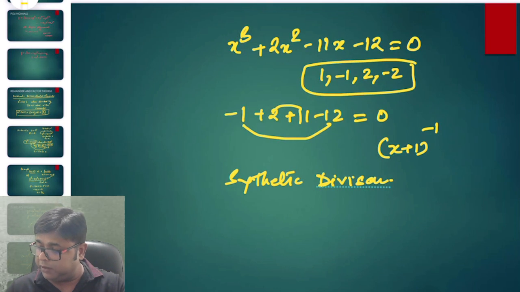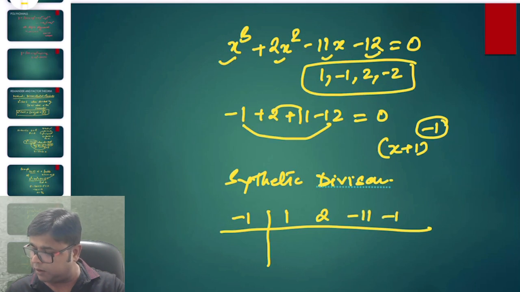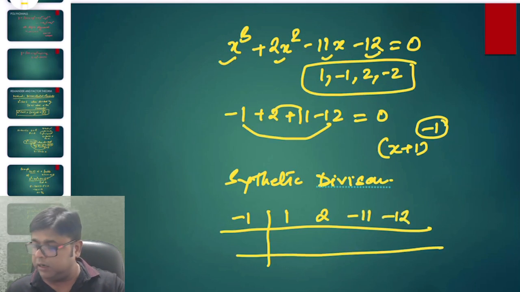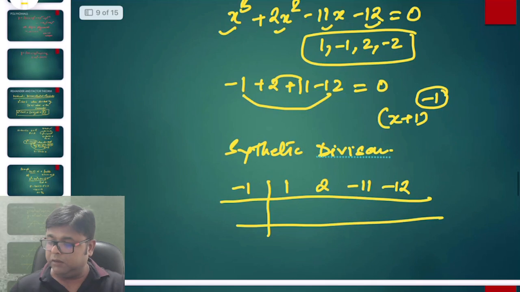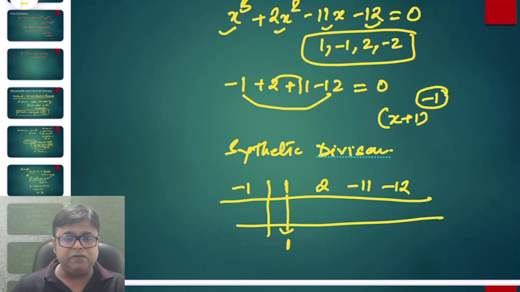The root that we have calculated by hit and trial is minus 1, so I'll put it here, and I'll copy down the coefficients A, B, C, D of the cubic here. It will be 1, 2, minus 11, minus 12. Now to perform this division, I always copy down the first coefficient, the leading coefficient A, as it is below.